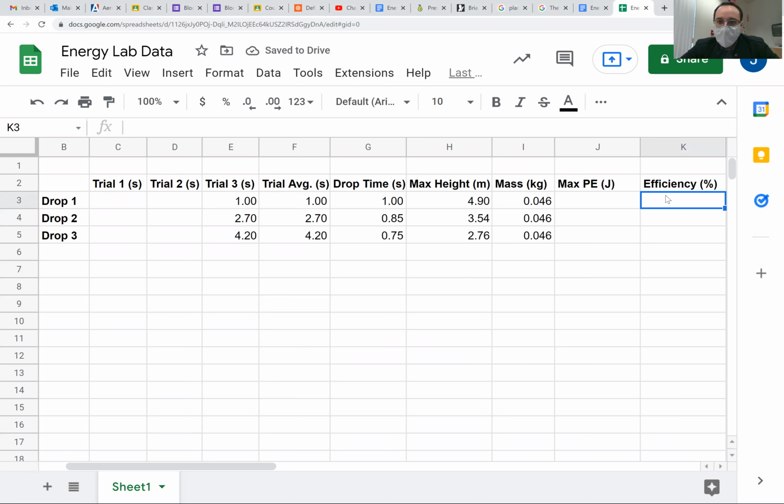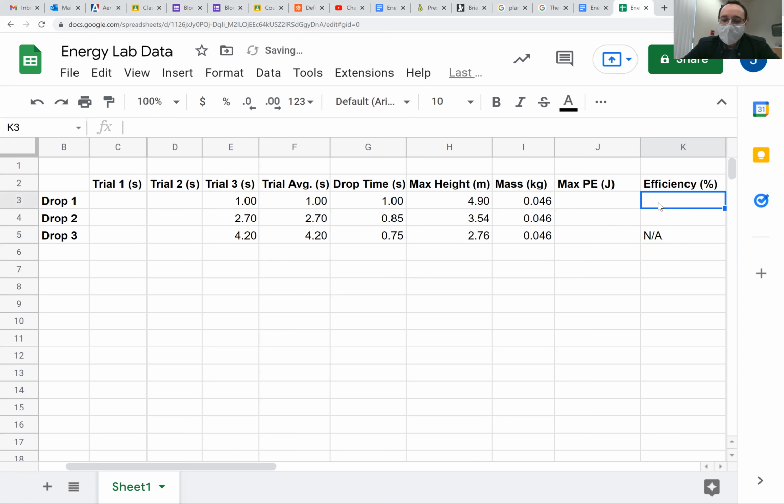Now the efficiency is the energy value here divided by the energy value here. And this last one is going to be NA, not applicable, because we're not going to actually measure the efficiency of the third bounce, because we don't time how long it takes to get to the fourth bounce.